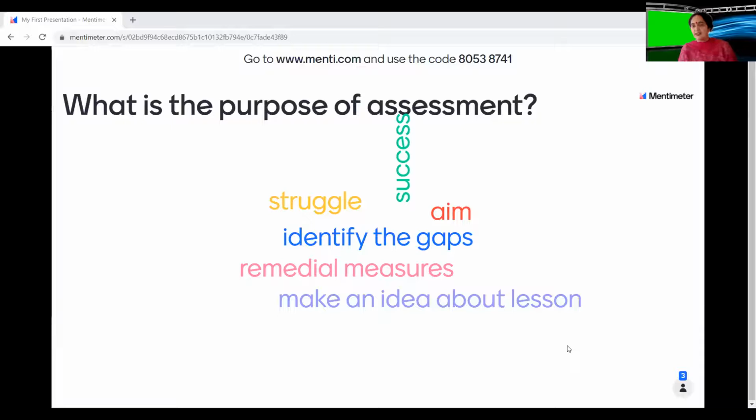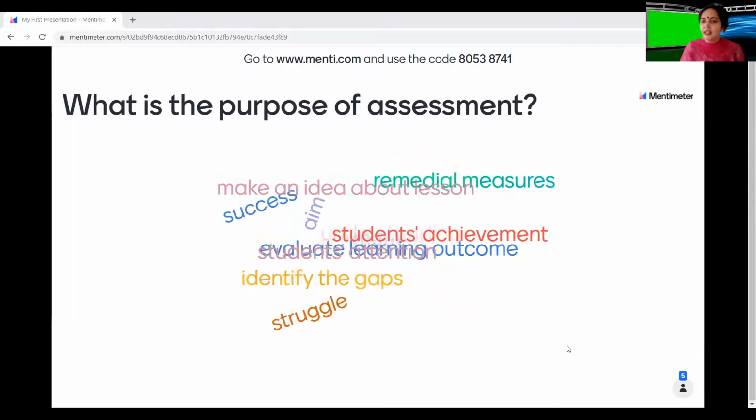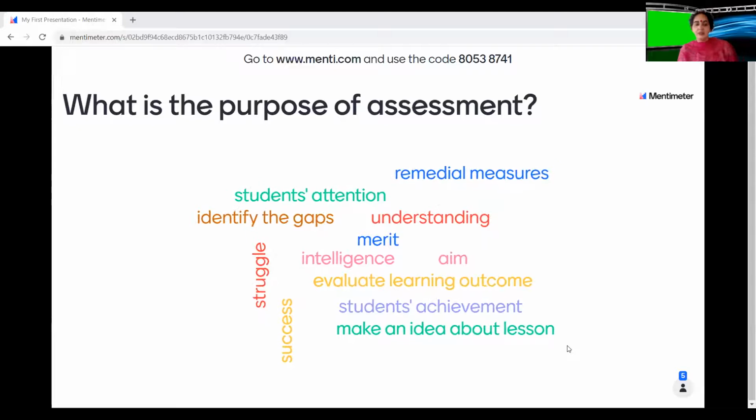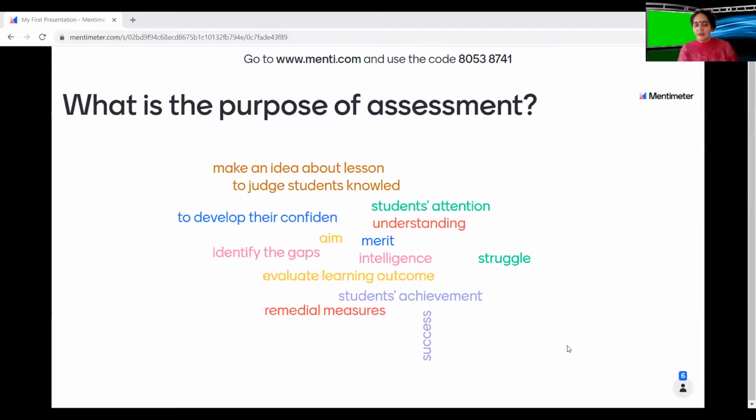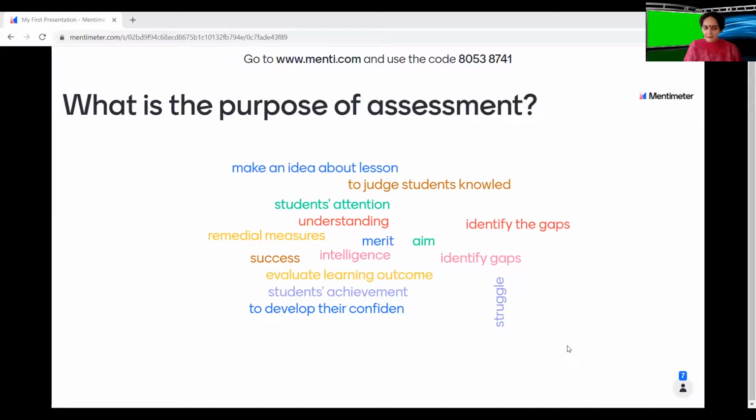Struggle, success, aim, identify the gap, remedial measures, evaluating learning outcomes, intelligence, student achievement, make an idea about a lesson, bridge the gap, understanding, intelligence, merit, identify gaps, gain student attention, judge student knowledge.